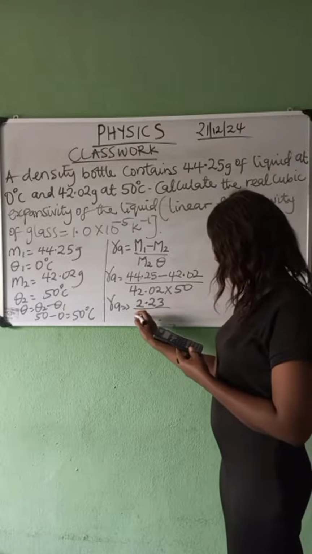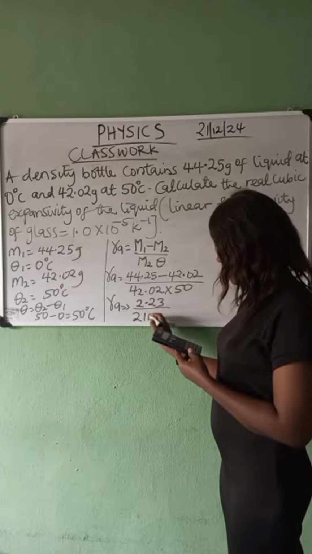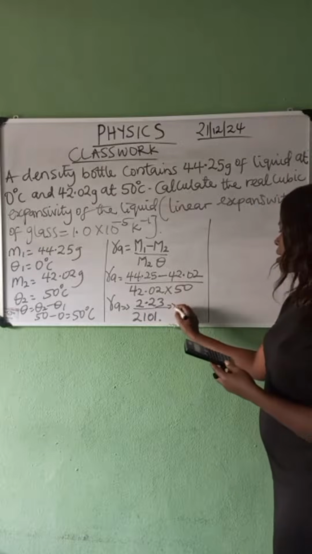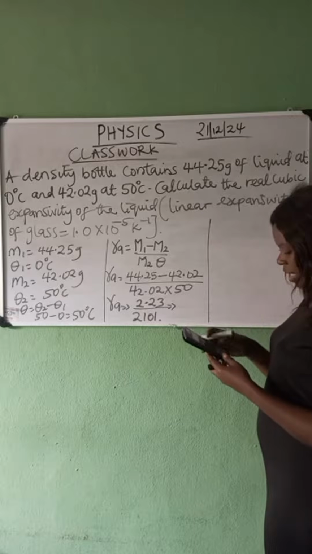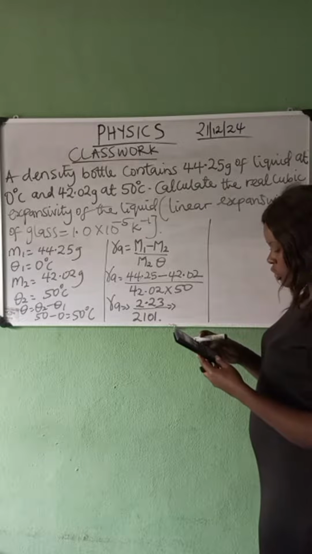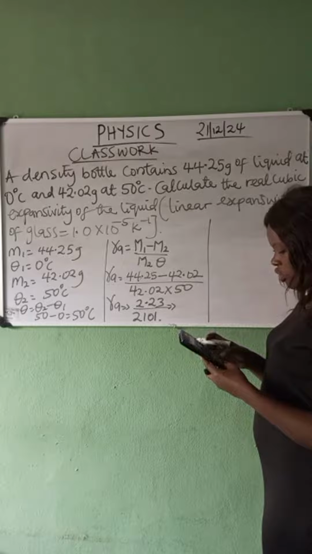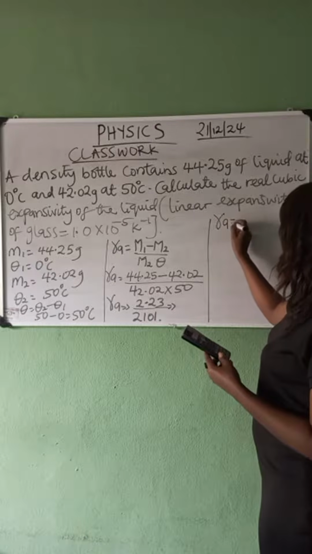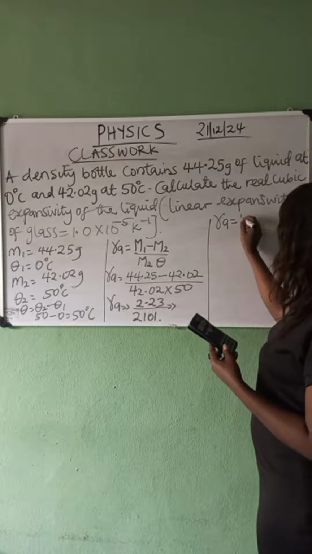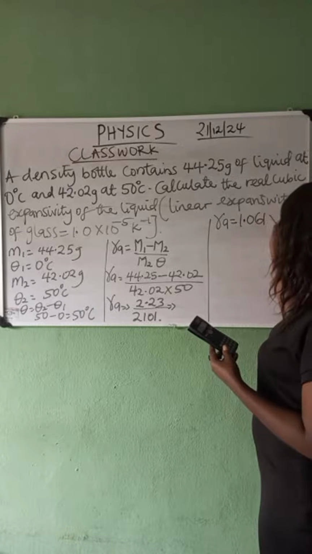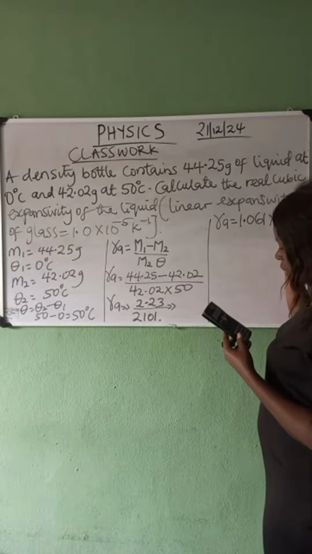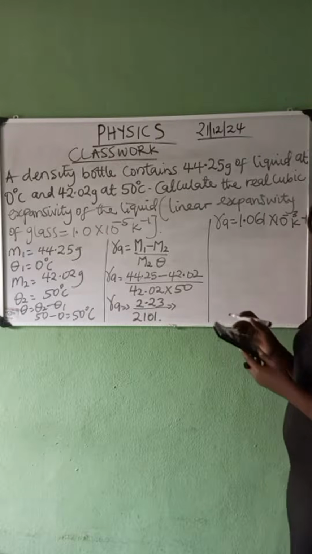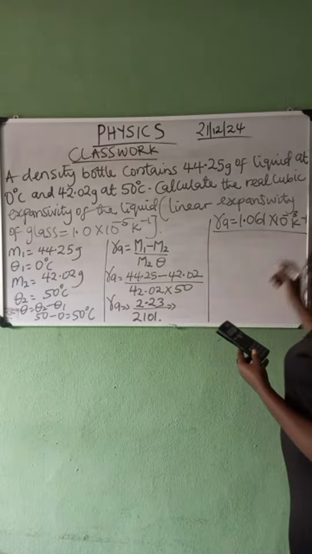We are going to have 2101, right? Okay, let's divide and see what we have. 2.23 divided by 2101. I'm going to have my gamma A to be 1.061 times 10 raised to power minus 3 per Kelvin. Okay, this is my gamma A.